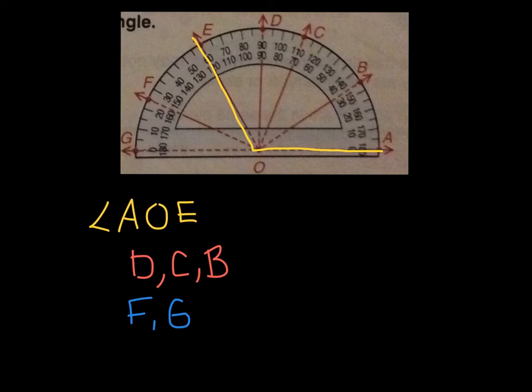So I have either 60 or 120 right here. Now I need to think, is this an acute angle or is it an obtuse angle? It's an obtuse angle, so I'm looking at the one that's greater than 90 degrees, so that's 120. So I would say this one is 120 degrees. That's the measurement of that angle.